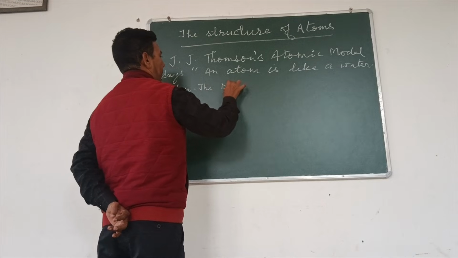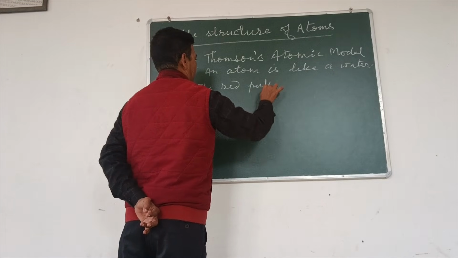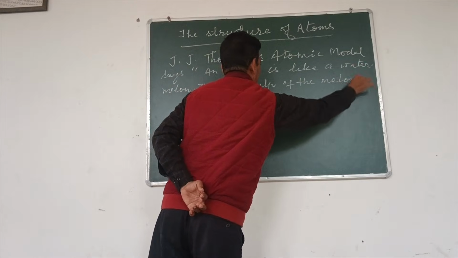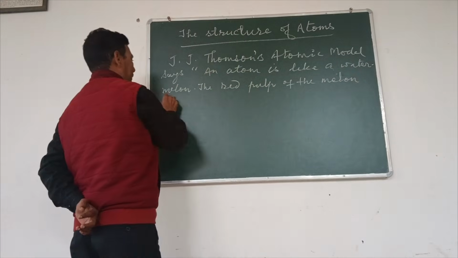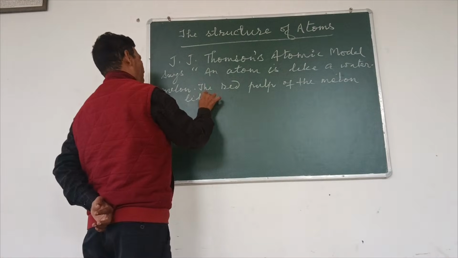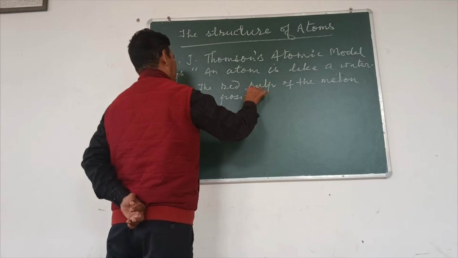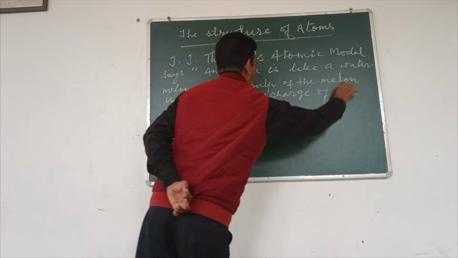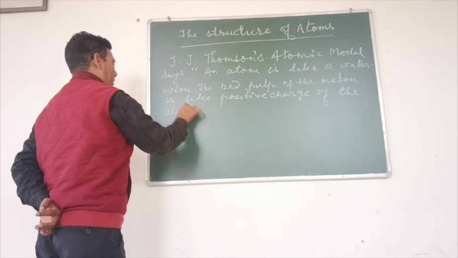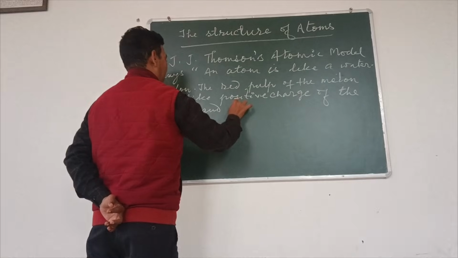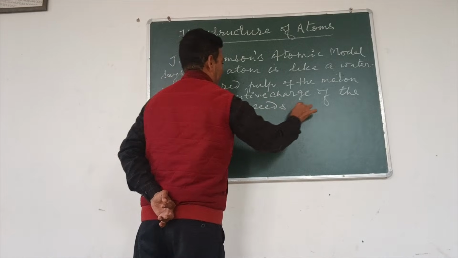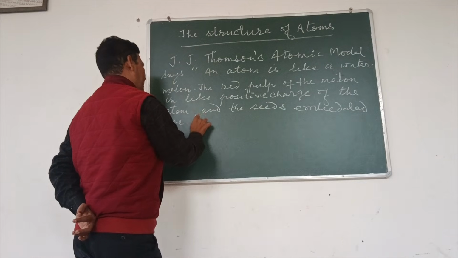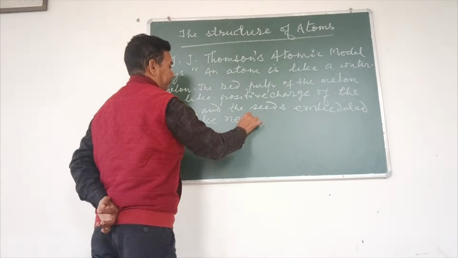The red pulp of the melon is like the positive charge of the atom, and the embedded seeds are like negative charge.